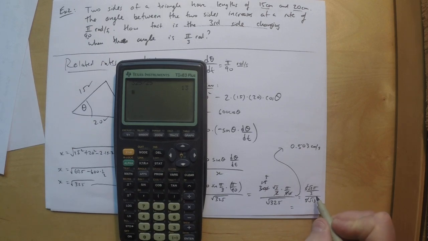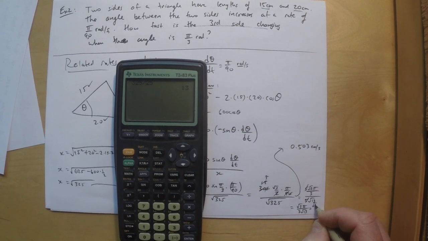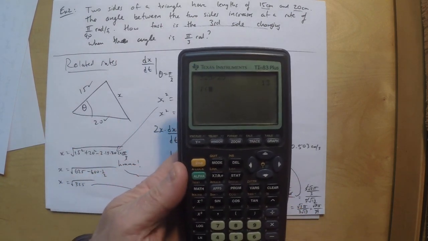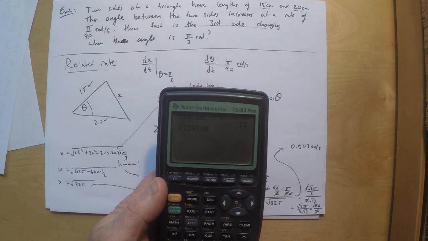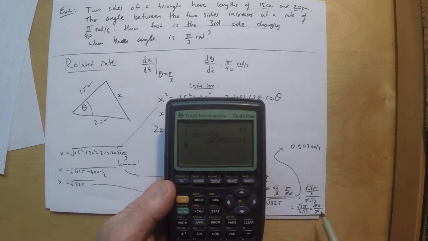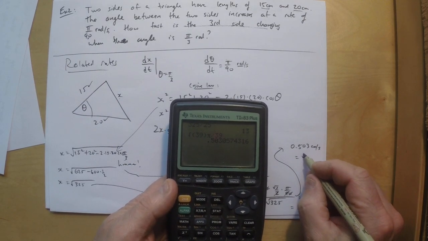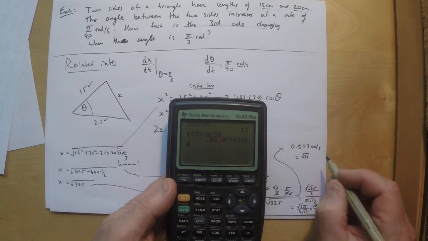And you end up with root 3 pi over 3 root 13, or root 39 pi over 39. Does that work out? I don't know if I didn't work this one out earlier. Let's see. Oh yeah, it does. Look at that. So that would be an answer. It's just kind of ugly.